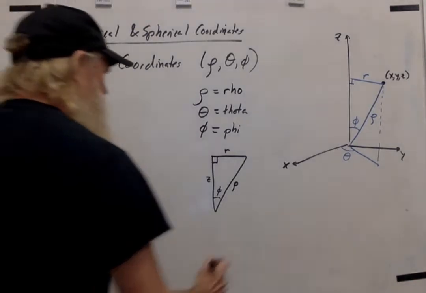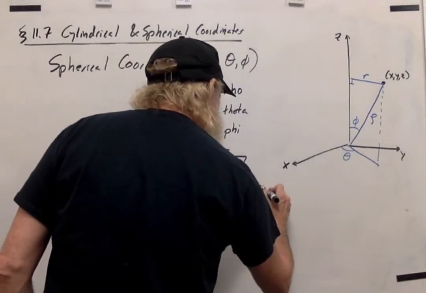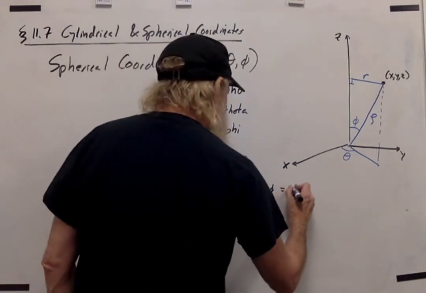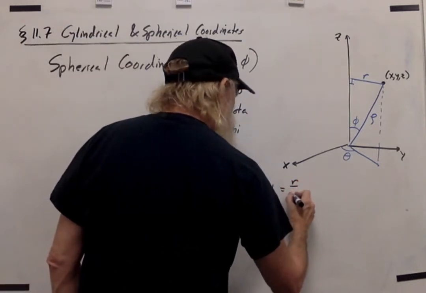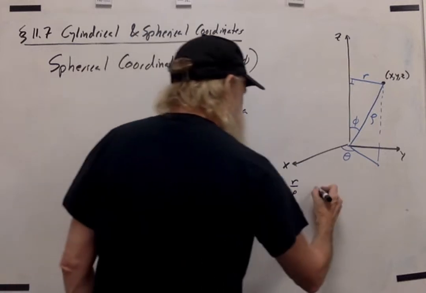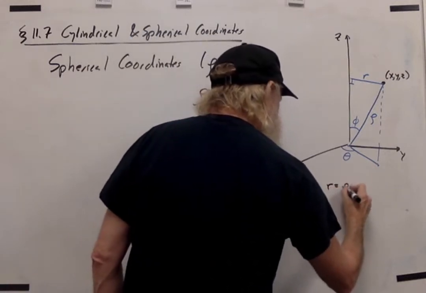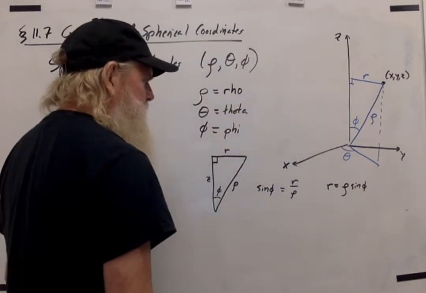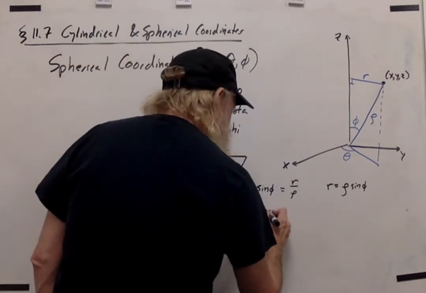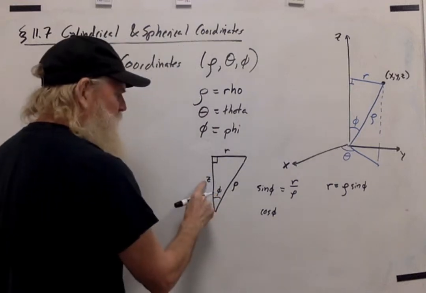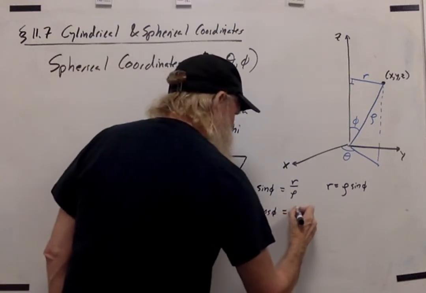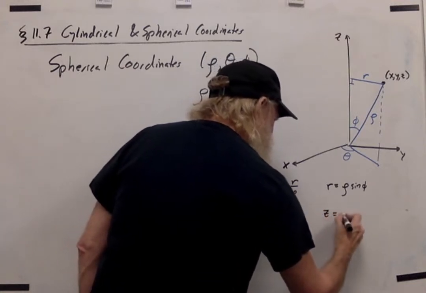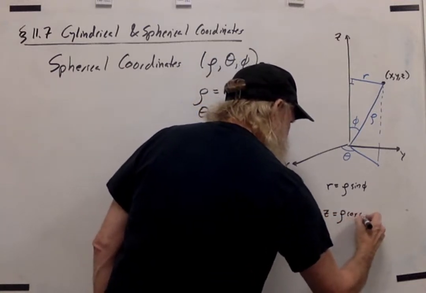So from that picture, notice that sine of phi is opposite over hypotenuse, which is r over rho, which tells us that r is equal to rho sine phi, and cosine of phi will be adjacent over hypotenuse, which is z over rho. So z equals rho cosine phi.